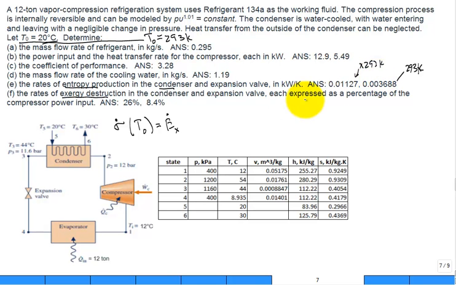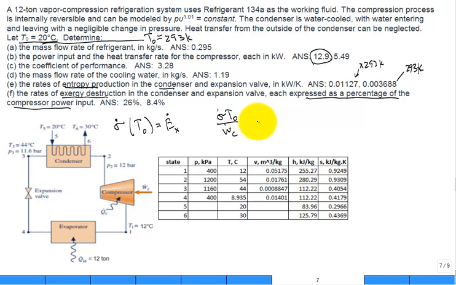The only thing was they wanted it as a percentage of the compressor input power. So you take that sigma dot times T naught, you divide by W dot into the compressor. And we already found that the compressor input power was 12.9.